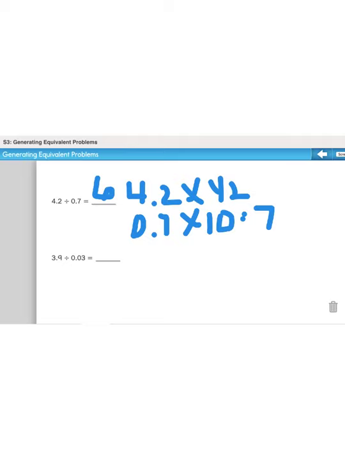Okay, let's look at the next one. 3 9/10 divided by 3/100. We can multiply each of these numbers by 100. So 3.9 times 100 is going to give us 390.